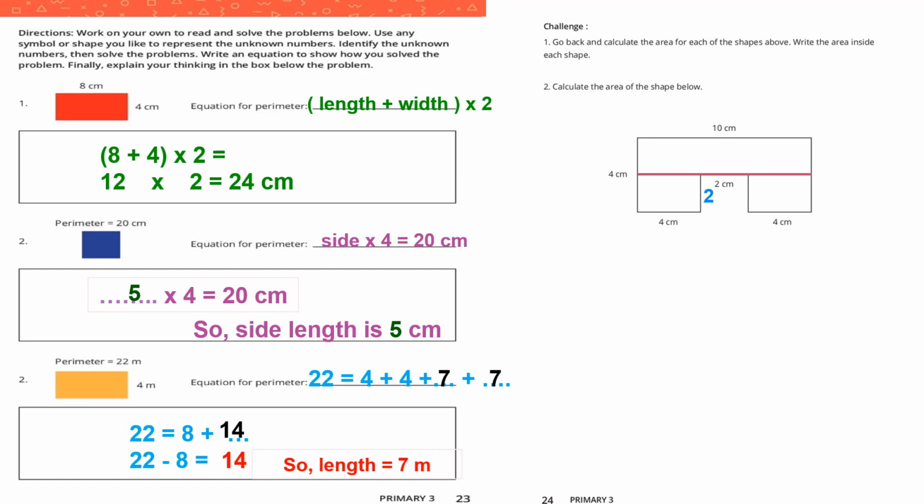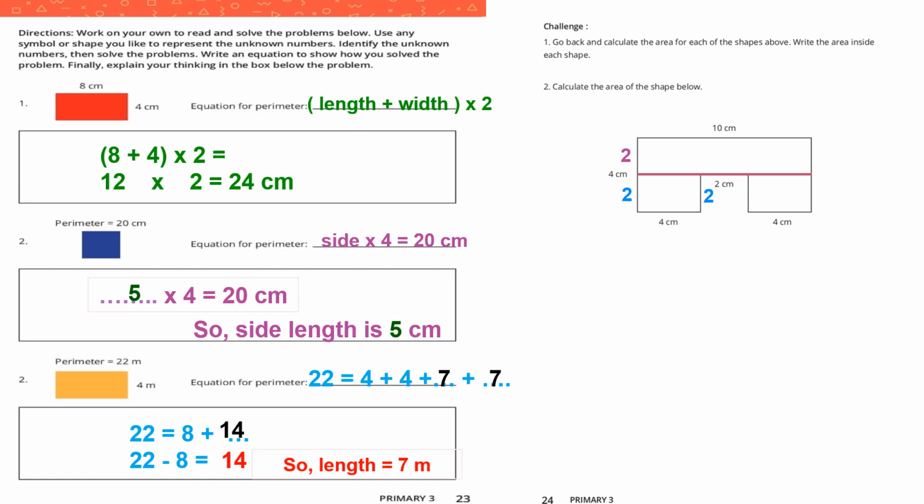This will be 2, and all of this side equals 4. So if this is 2, this will be what? All of this distance equals 4 centimeters. So this side equals 2, and this will also be 2.